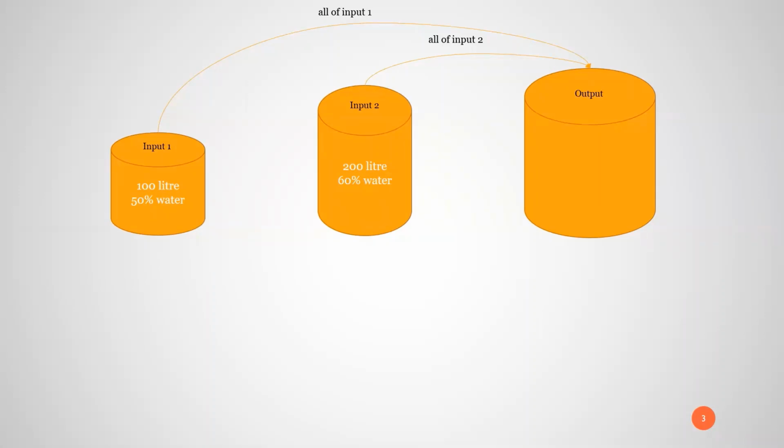The amount of input number 1 is 100 liters, and 50% of it is water. The input number 2 is 200 liters, and 60% of it is water. So the question is, how much water will we have in the final product by mixing these two inputs together?